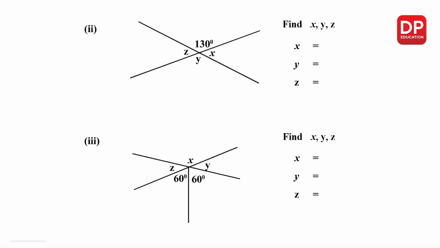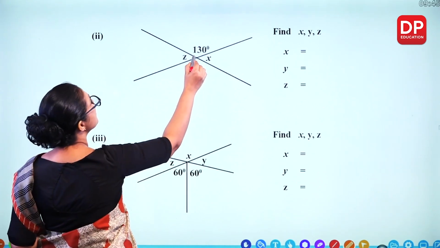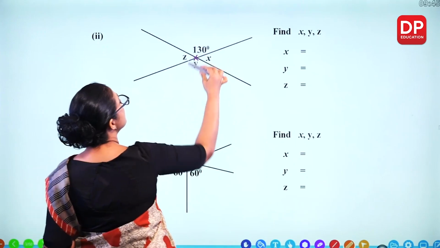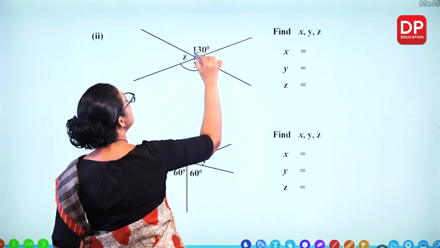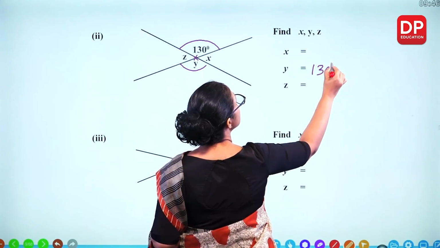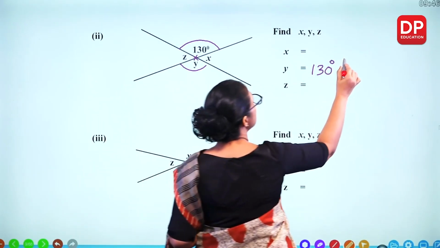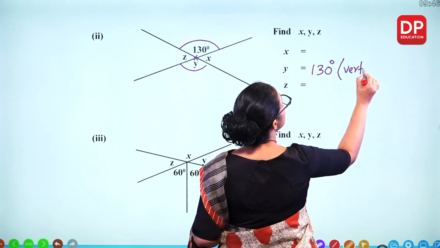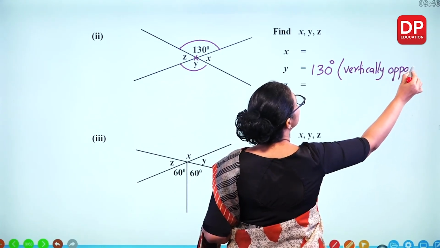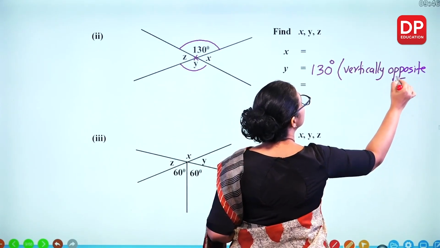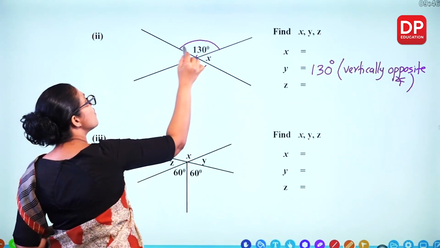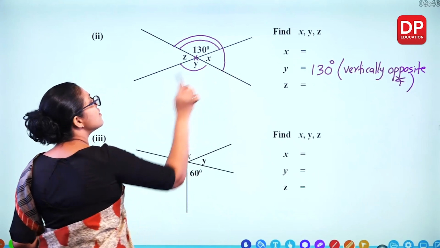This one, angle around a point. And these two are vertically opposite angles. So what's y? Straight away you can write y is 130, vertically opposite angles. Then we know these two are straight angles.